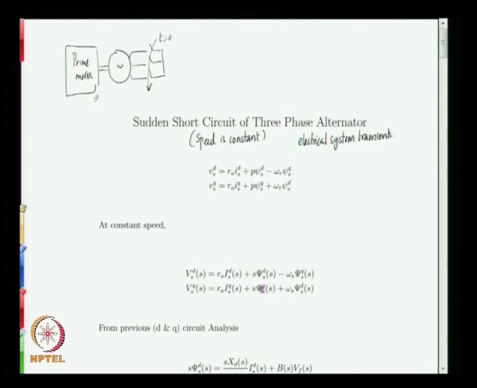So psi d and psi q can be replaced in terms of the other exciting variables, and therefore we can reduce this to an expression that depends on Id and Vf, and similarly Vq also to an expression that depends on Id, Vf, and Iq as well.